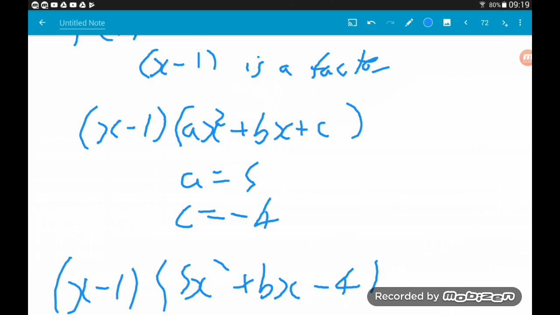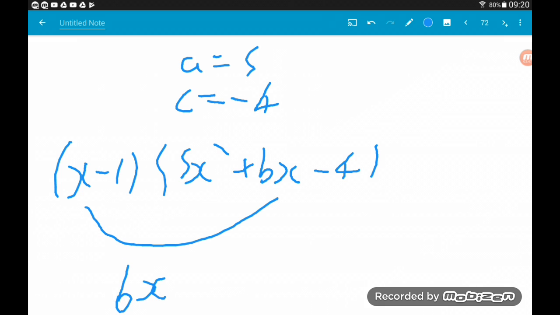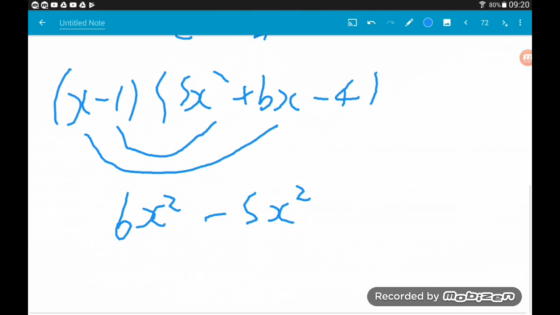Now we need to find the value of b. So again, I'm going to go for my x squareds from this expansion. So we're going to get x times bx, which is going to give us bx squared, and then minus 1 times 5x squared is going to give us minus 5x squared. Now we can factorise that to b minus 5 lots of x squared.